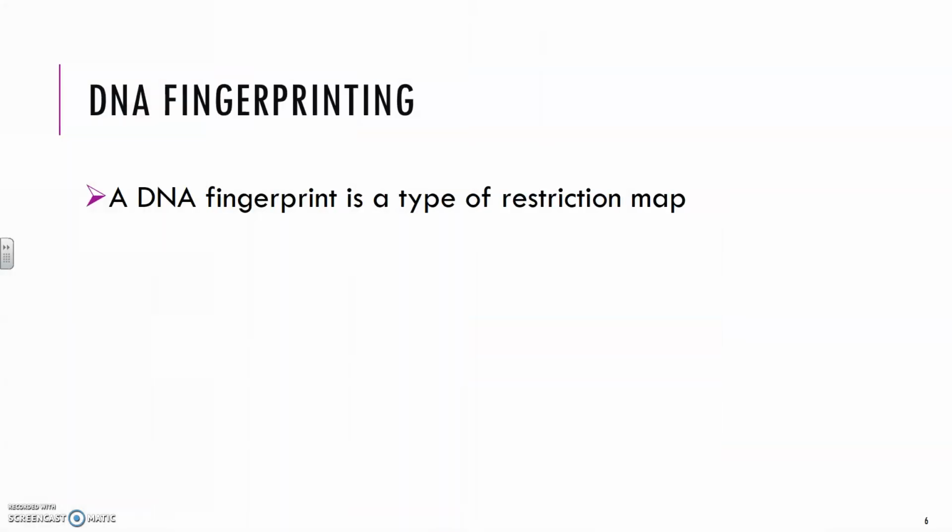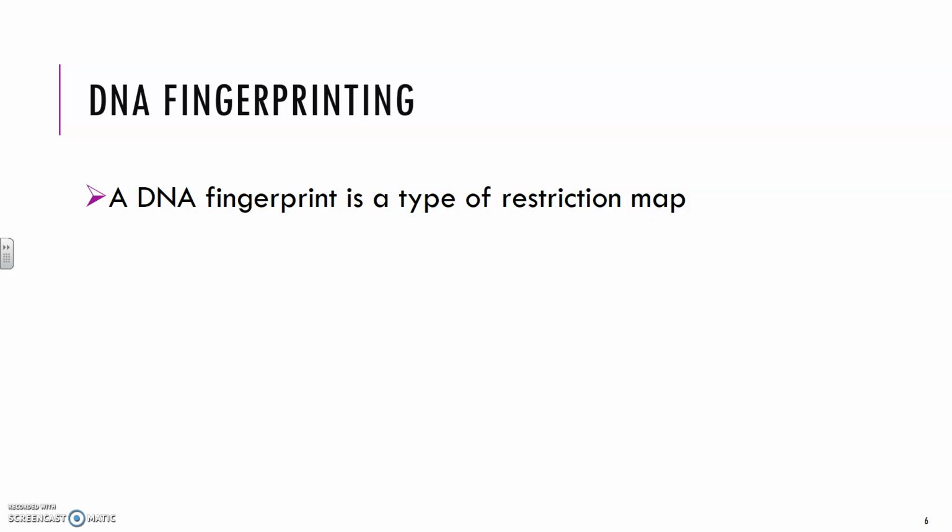Alright, so now we start talking about DNA fingerprinting. This is one that you've probably heard if you watch crime shows of any kind. DNA fingerprinting is based on the fact that every human has certain areas of their DNA that are just repeated sequences. And it's not just that they're repeated sequences, it's that they repeat a certain number of times.